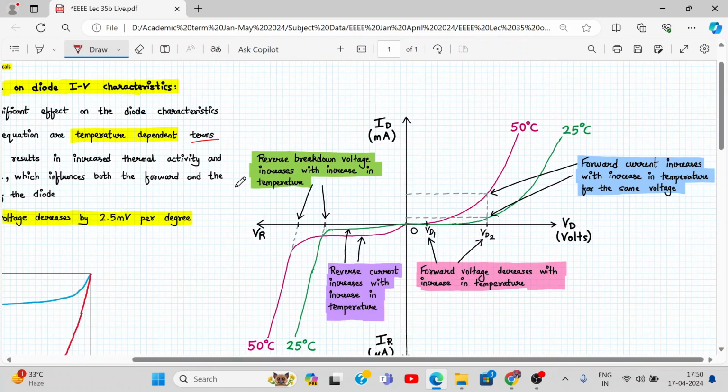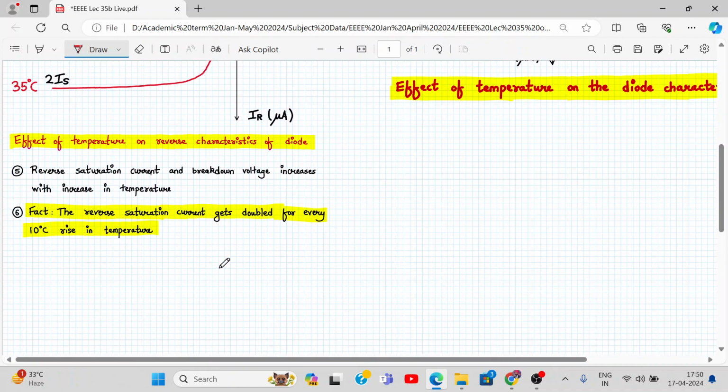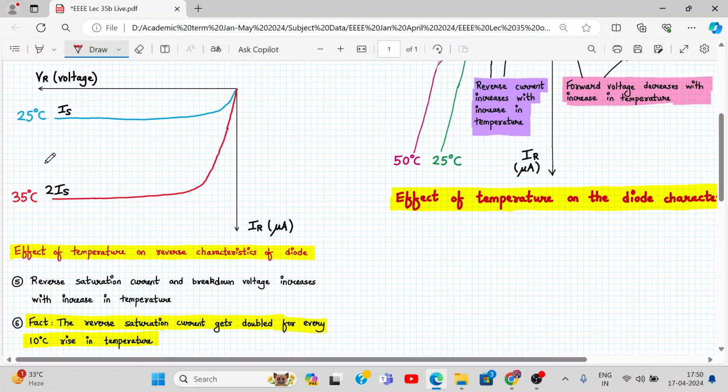Next effect is the effect of temperature on the reverse saturation current. The fact is the reverse saturation current and the breakdown voltage increase with increase in temperature. Write this fact: the reverse saturation current doubles every 10 degree rise in temperature.